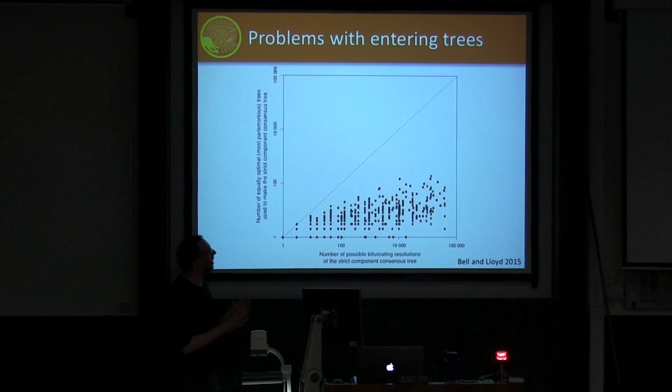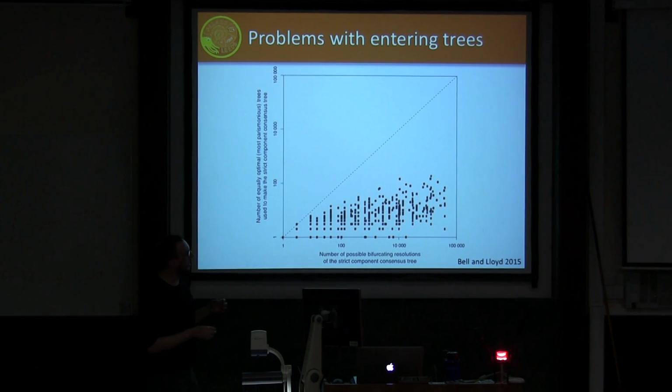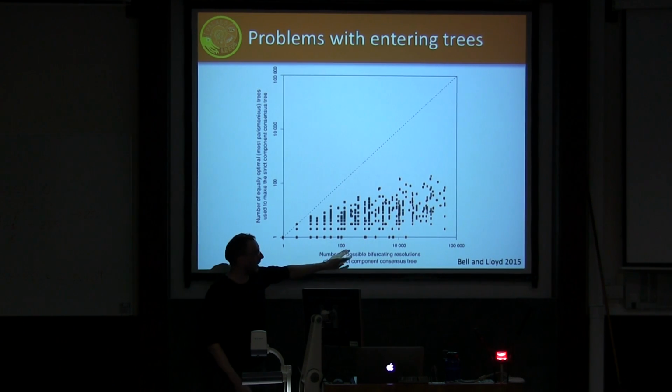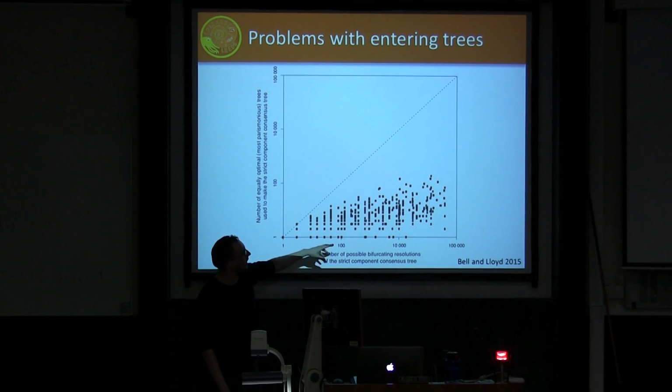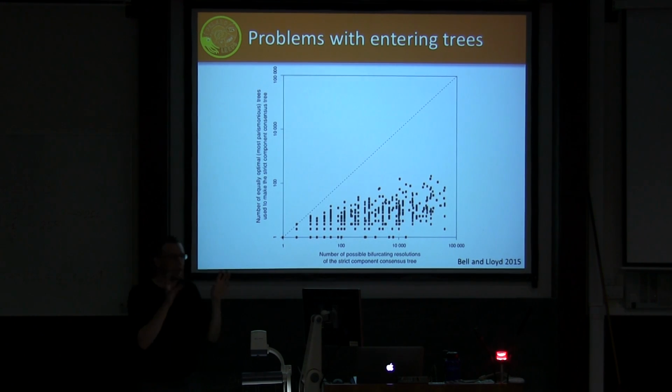Another one, this is probably not the nicest figure in the world, but what I'm doing here is comparing the number of possible bifurcating resolutions of a strict consensus tree with the number of trees that are actually used to produce it. And the point here is basically that they all fall below this one-to-one line. So if you're doing an informal supertree, you get some kind of consensus.